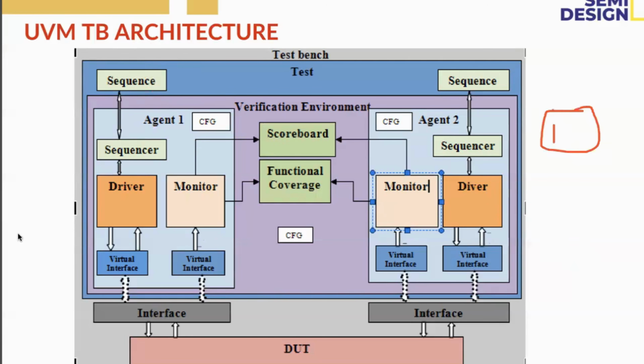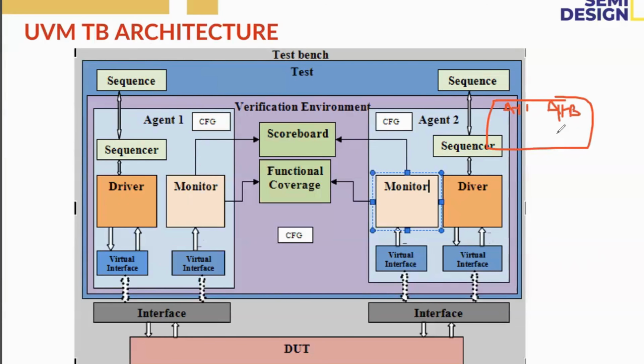Just a second. Whenever I'm drawing, you can also draw so that you will get clarity afterwards. So suppose this is the DUT. You know what is meant by SoC. In an SoC, what are the different IPs that will be there? Suppose we have AXI IP here and AHB IP here, VIP we can call otherwise.